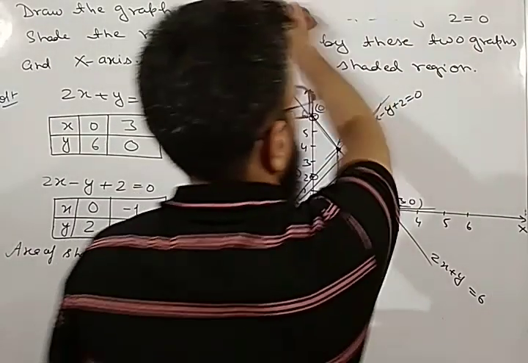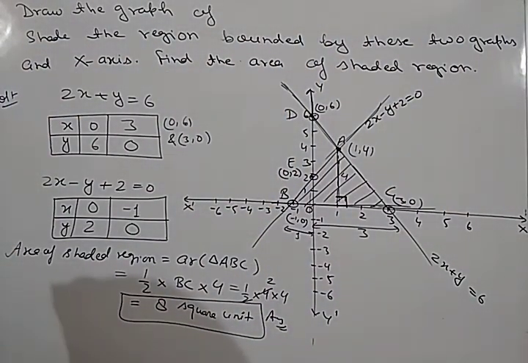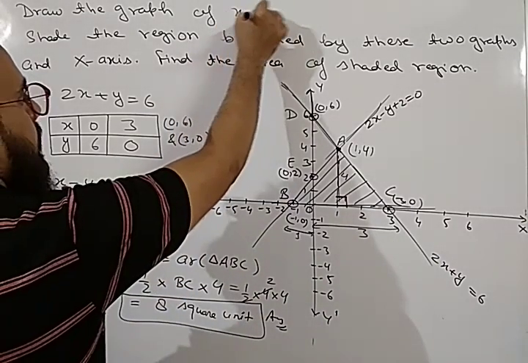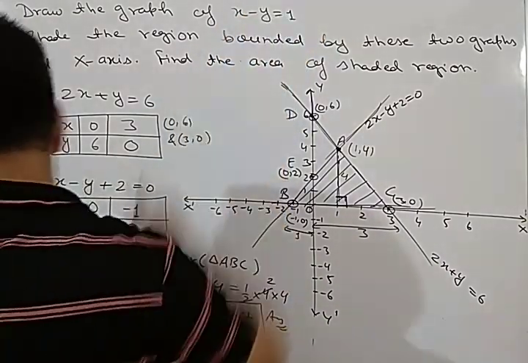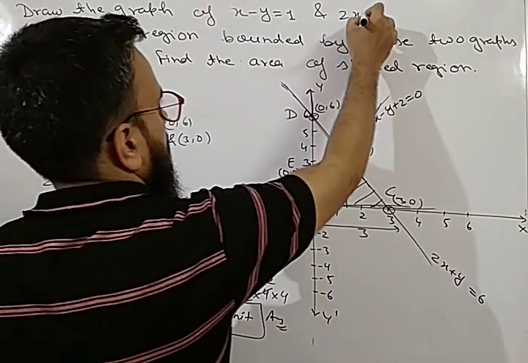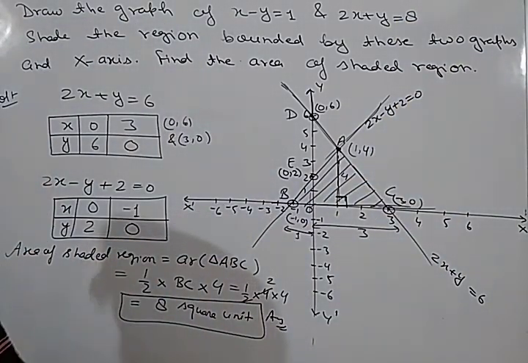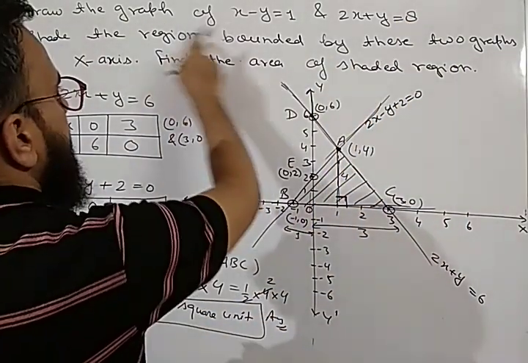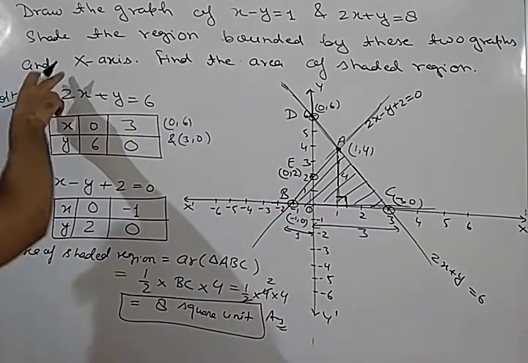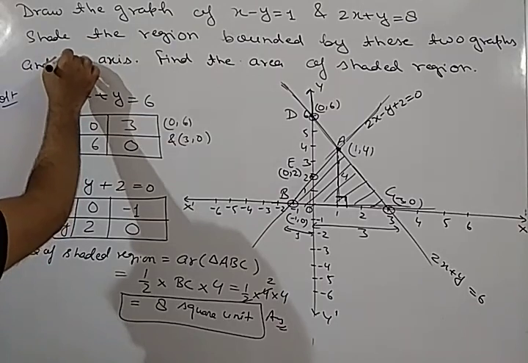Now let us take another question. We have given, draw the graph of equation x minus y equal to 1 and 2x plus y is equal to 8, and shade the region bounded by these two graphs. And now here it is not x-axis, it is y-axis.